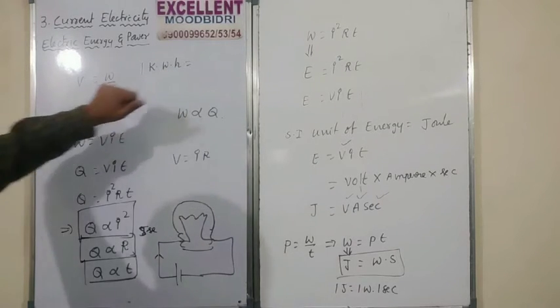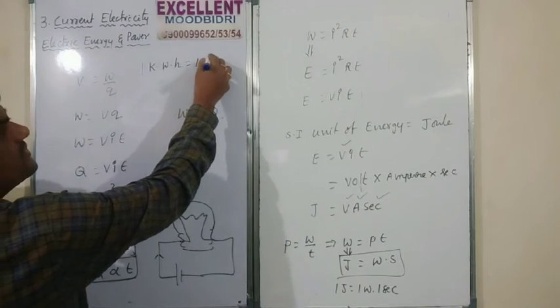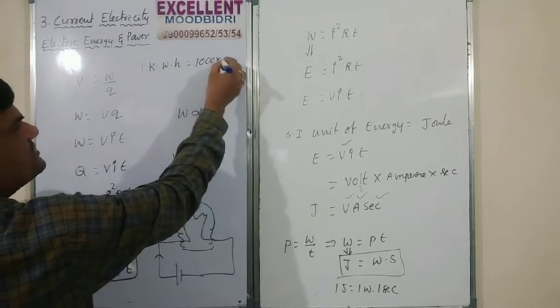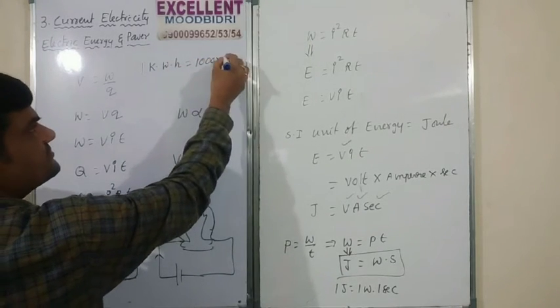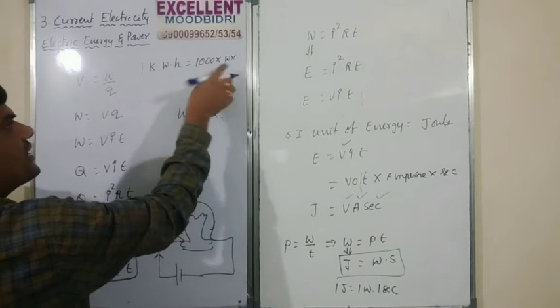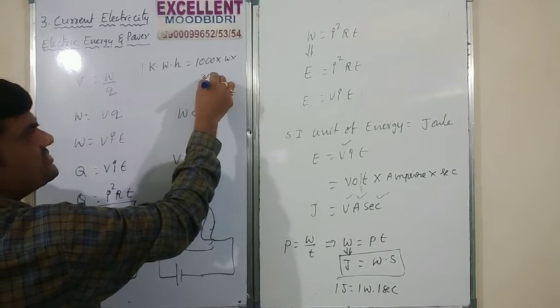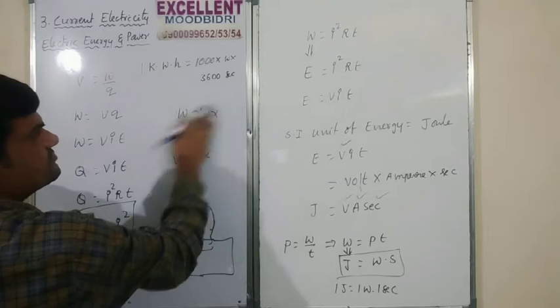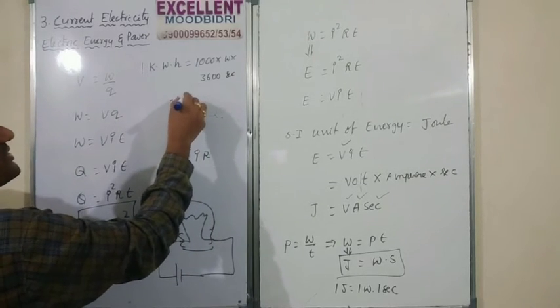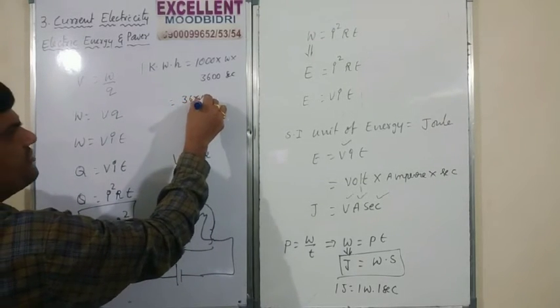Kilo means 1000, so 1000 watt into hour. Convert hour into seconds: 3600 seconds. So that is 36 into 10 power 5.